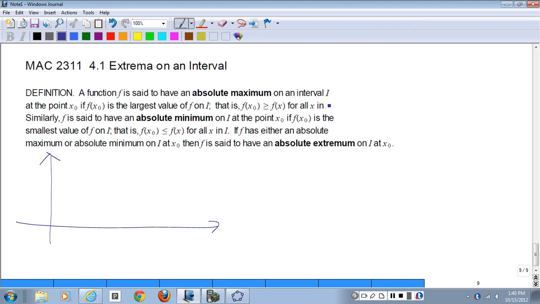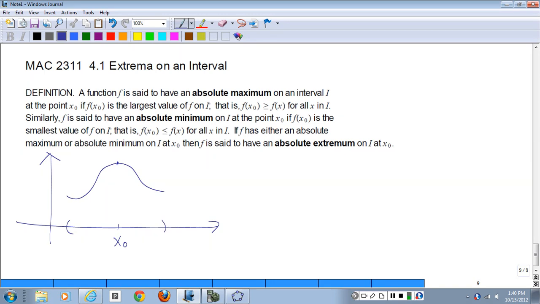Well, the interval I is not necessarily an open interval, and it doesn't necessarily happen in the interior, but let's see, a typical example might be something like that. x sub 0. And let's see if this fits the condition. On an interval I, maybe this is our interval I.